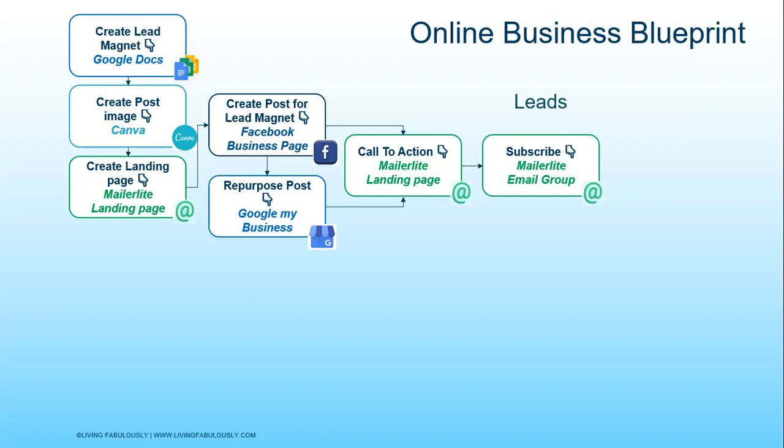So they are now your subscriber as a lead. So all they're interested in so far is that opt-in. They then receive an email that invites them to download that opt-in. And that link there is to your lead magnet that's sitting in a Google Drive folder.